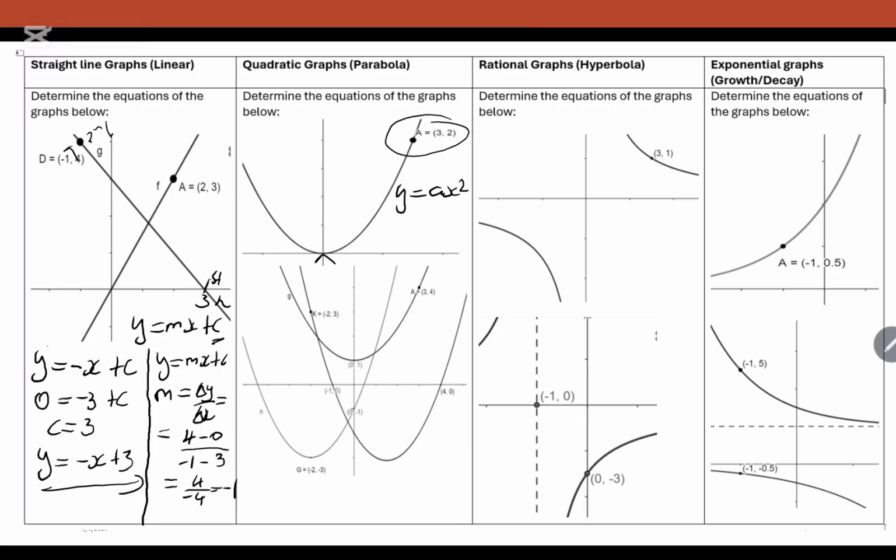I simply take that point and substitute in the equation. So 2 equals a times 3 squared. 3 squared is 9, therefore a is equal to 2 over 9. Therefore, the equation of this graph is y equals 2 over 9 x squared. So this is the equation of the graph.